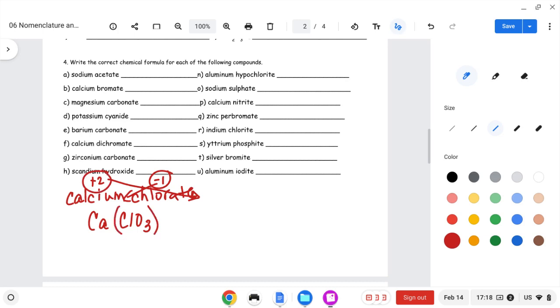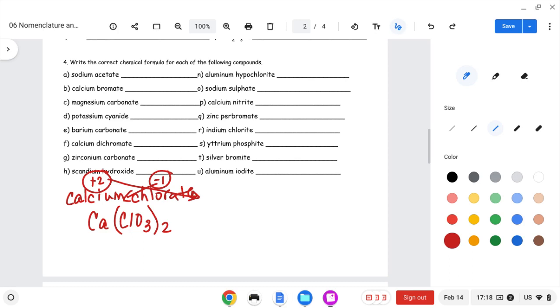I have to bracket that, because if I don't, I'm going to have a very silly looking formula, something like CaClO3 and then if I bring that 2 down, it looks like 32 oxygens. That is impossible in a bonded chemical compound. So make sure that you use brackets, and you can use brackets all the time if it's easier for you, but just be aware that you need them in that particular case.